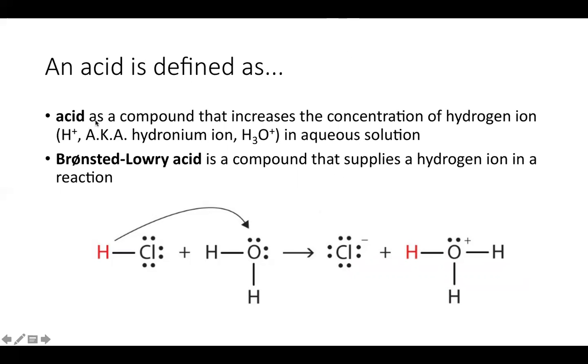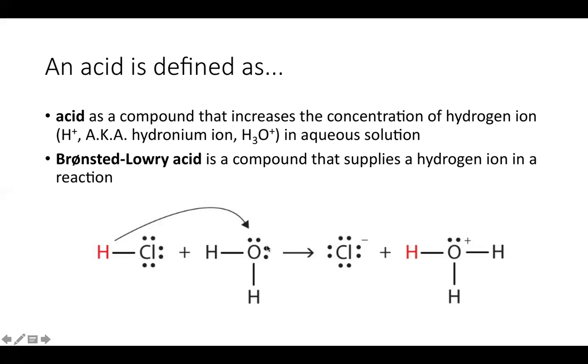But okay, let's look at this. The top one, the Arrhenius definition. It's any compound that increases the concentration of hydrogen ion. And again, remember, that's also known as a hydronium ion. It can be represented by H plus or H3O plus, hydronium, in an aqueous solution. So if we look at our example down here, HCl, we know is an acid. When it's in an aqueous solution, meaning it's with water, it will donate its proton to the water molecule.